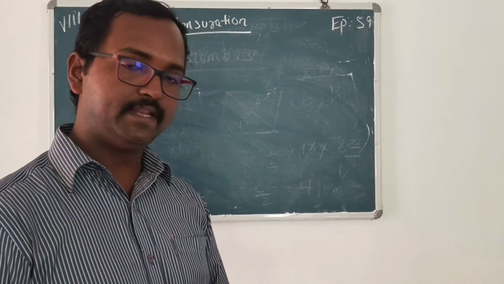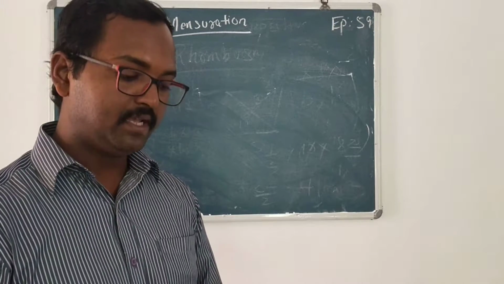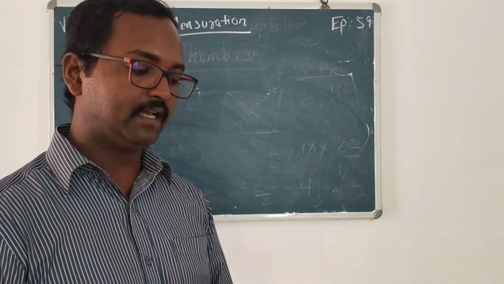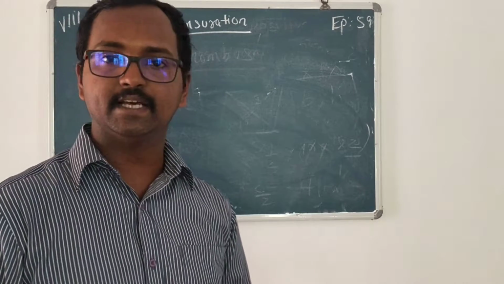So here the area of the rhombus is already given, and one of its diagonals is 16, which means one diagonal is given and the other diagonal is missing. So we have to find the other diagonal.